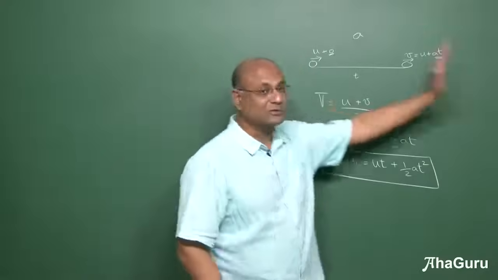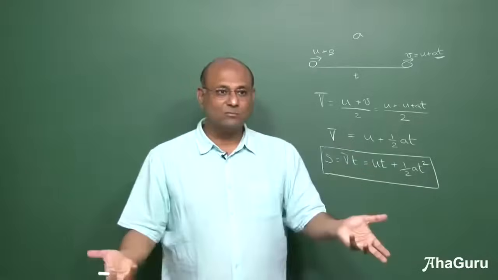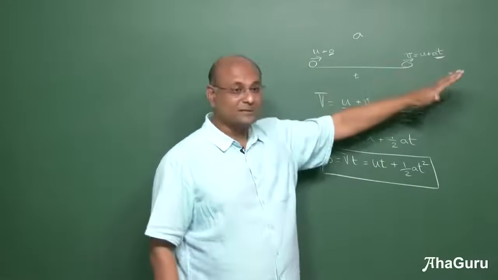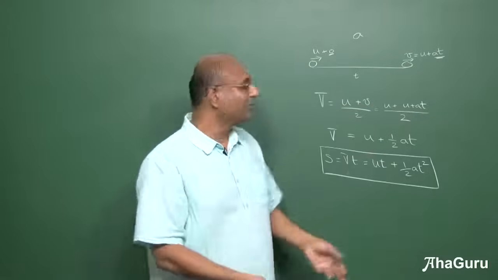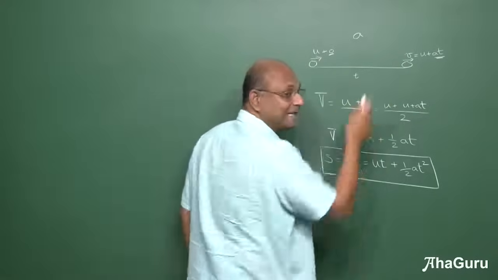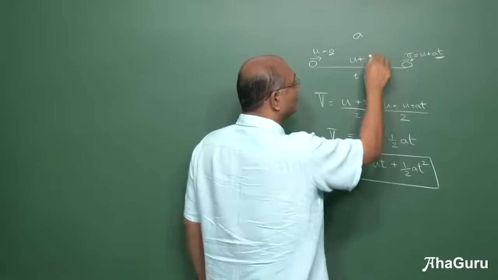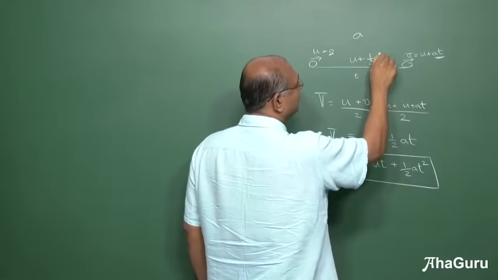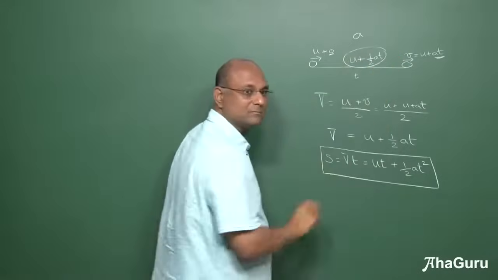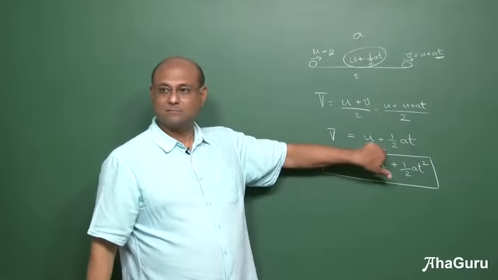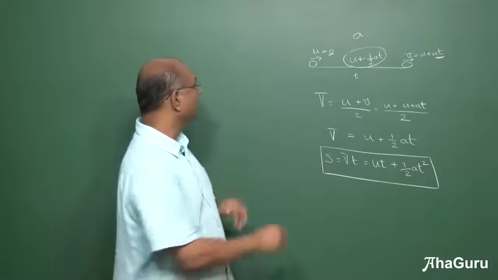Suppose it was u and that was also u. What is the average? U. U plus 0, u plus 0 average. U plus 0, u plus at average. U plus 0 plus at by 2 or half at. That's the average velocity. In the beginning you had u.